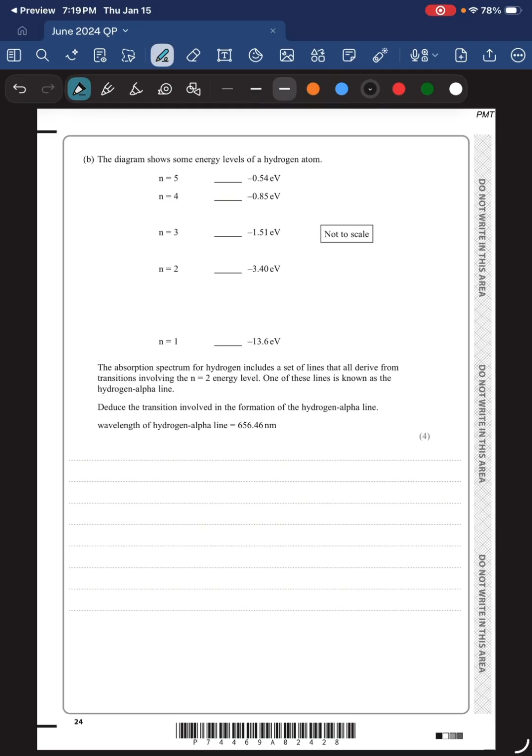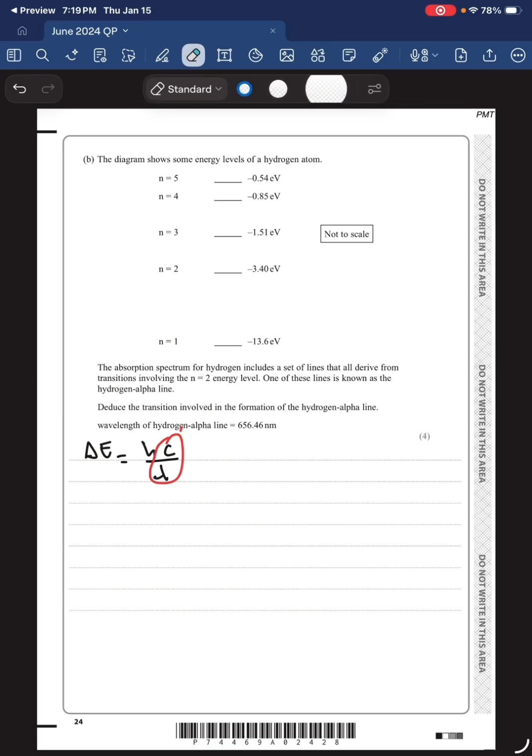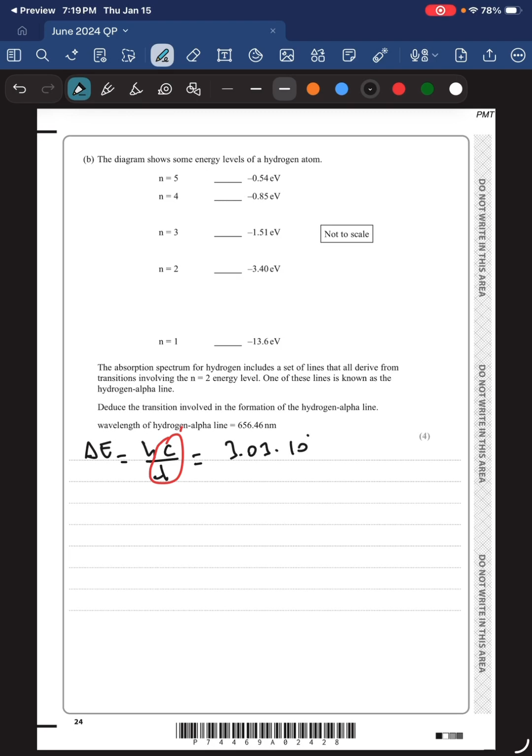All right, so the energy difference is going to be equal to hc over lambda. Okay, and this is the frequency, right? We don't need this. Let's move on. And if we plug in numbers, we will find 3.03 times 10 to the negative 19 joules.